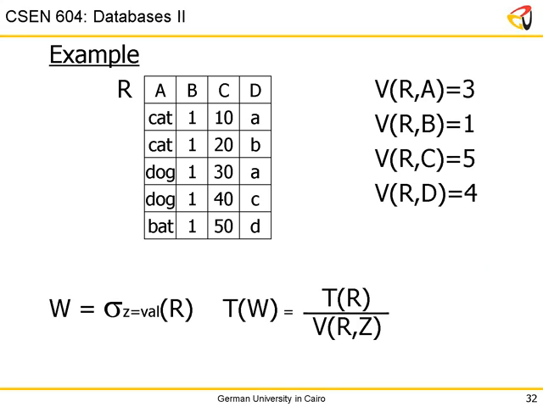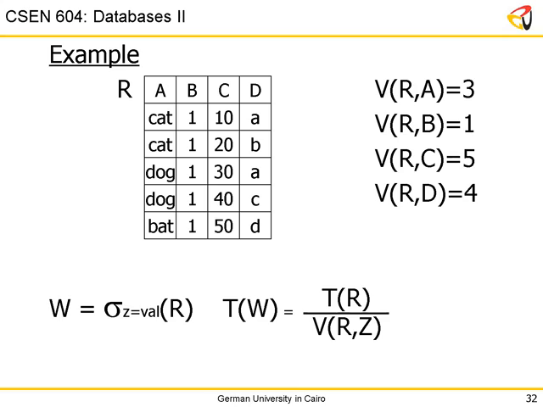I'm going to use the following formula to get an estimate of the number of rows in my result set for this exact value selection. It's going to be 1 over V of R, Z. So if the Z here is on A, that's going to be 1 over 3. Why? Here I'm assuming that what I'm looking for does exist.